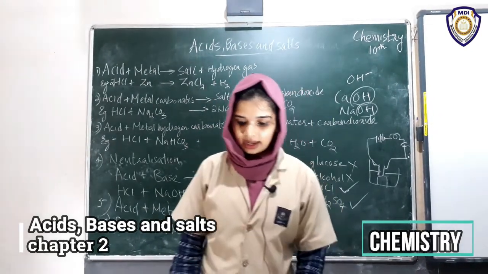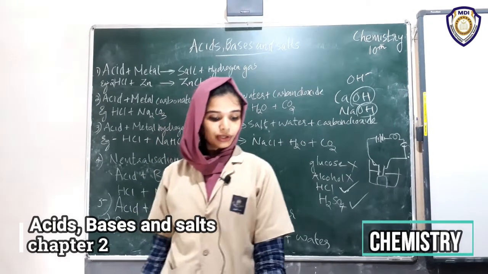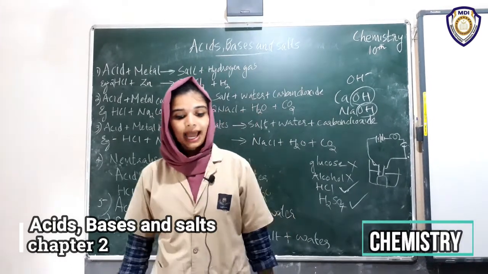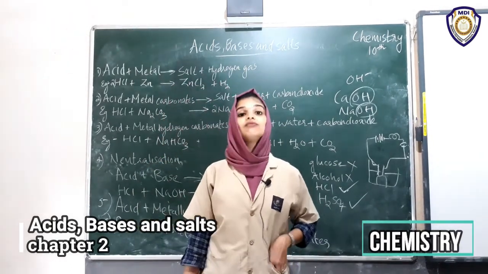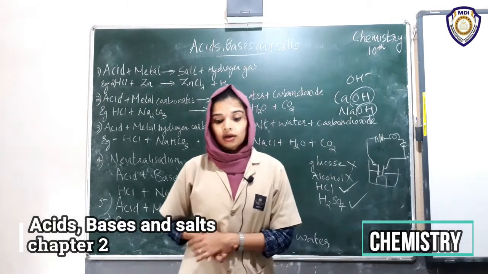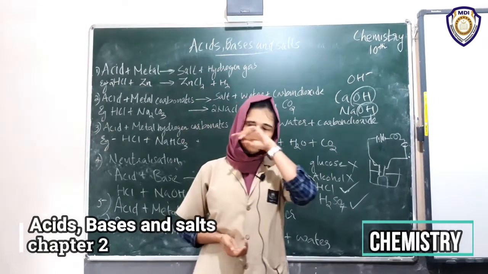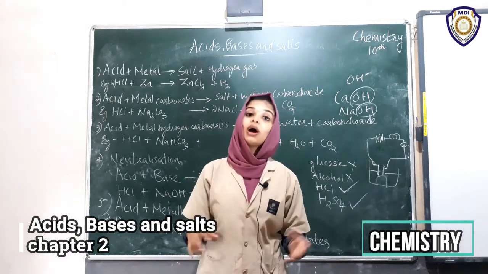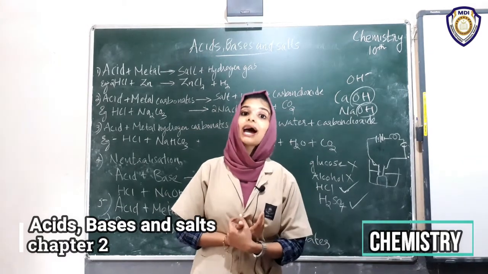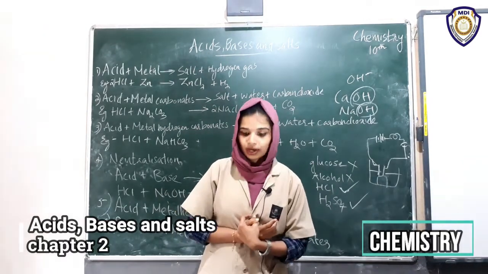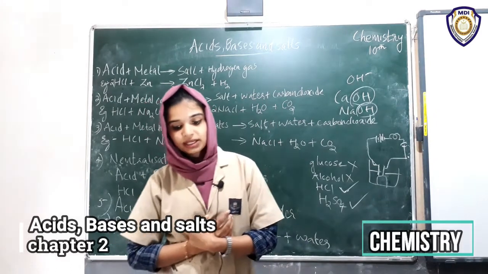Now we are going to the next topic, that is, what happens to an acid or base in water solution. When we add acid or base to water, what happens to its ions? That we are going to check. There is an experiment given.